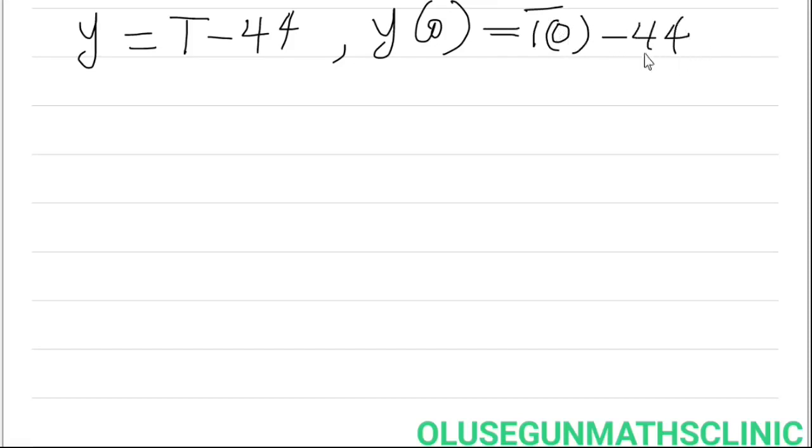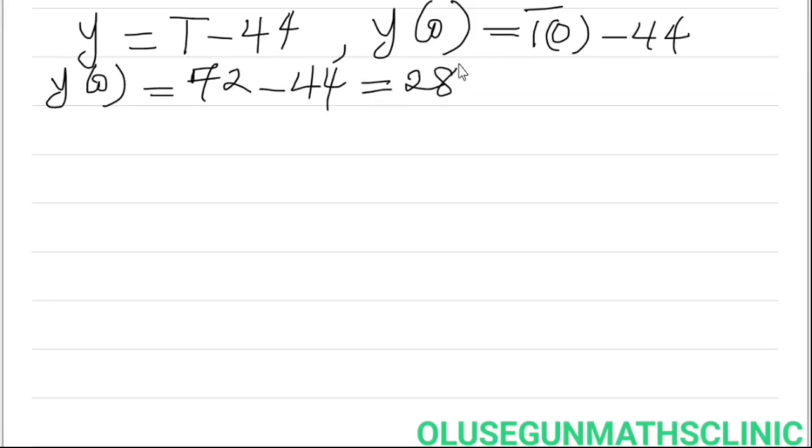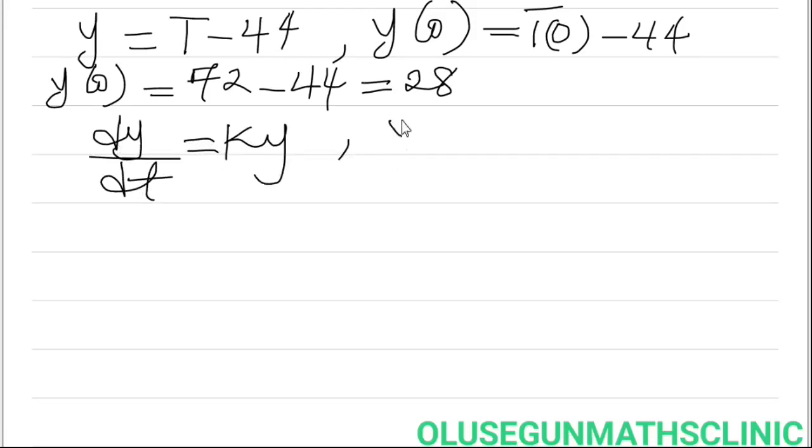So y0 is 72, the real temperature of the tea, minus the temperature of the surroundings, which gives us 28 degrees Fahrenheit. So y satisfies the equation dy/dt equals ky, with the initial value of y being 28.